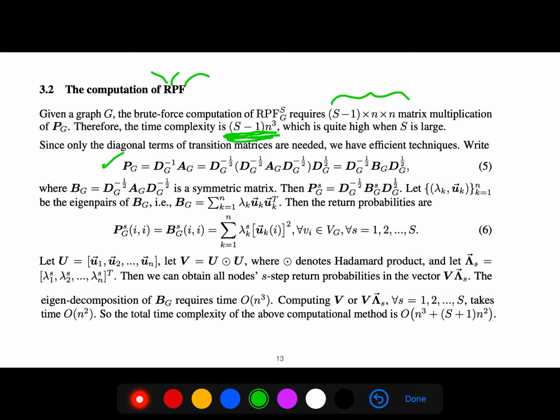We can write P like this, and because B sub G is symmetric here, if lambda_k and u_k are the eigenvalues and eigenvectors of B sub G, then the return probabilities have this interesting explicit relationship.